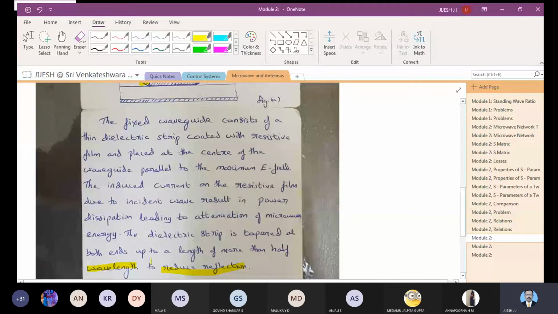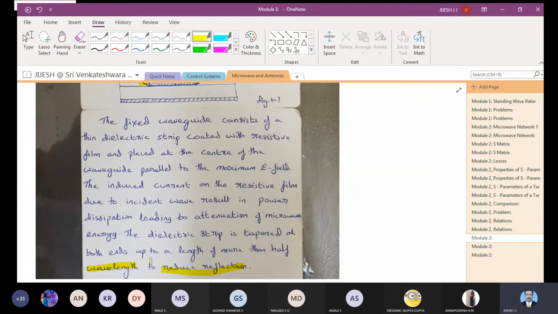It will absorb all the power at that film, and finally you are going to attenuate the entire signal. Here you can see there is a tapered edge at both sides of the resistive film, and the main requirement of that tapered edge is to avoid the reflection.